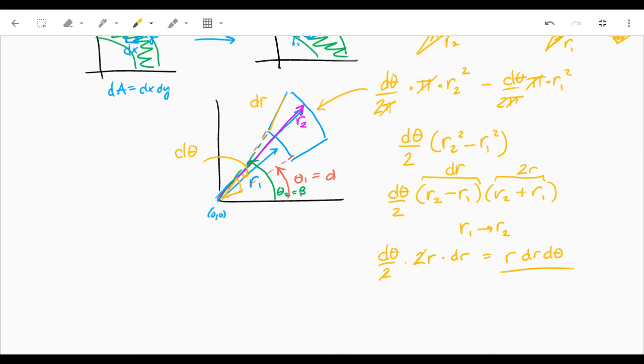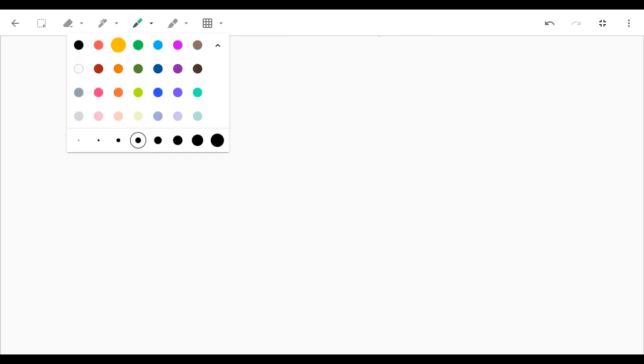So let's get to some examples here. That's basically the general idea. Now we just need to do some examples where we have things that are given to us in rectangular, and we switch them over to polar. So the first one we're going to do, and again, these are all going to be some examples that are even problems in your book, so you can always look at them too. The first one is going to be number 8. If I ever switch books, I guess I'll have to change these videos. But this would be number 8, and it asks us to compute the integral over the region R of 2x minus y dA.